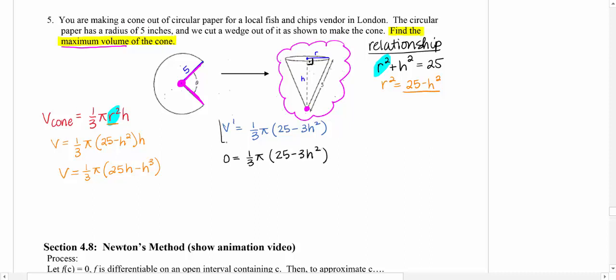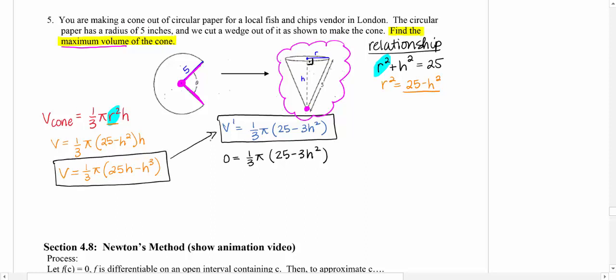And again, when you're testing for maximum and minimum, you want to make sure that you're looking at the right equation. So I'm just going to box here my volume equation and then my volume's derivative equation, so I always know where those two are.